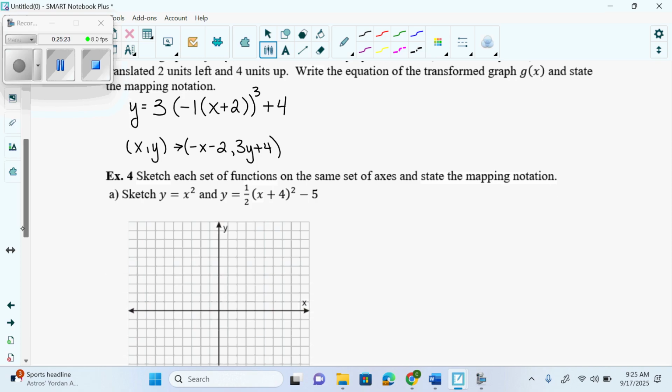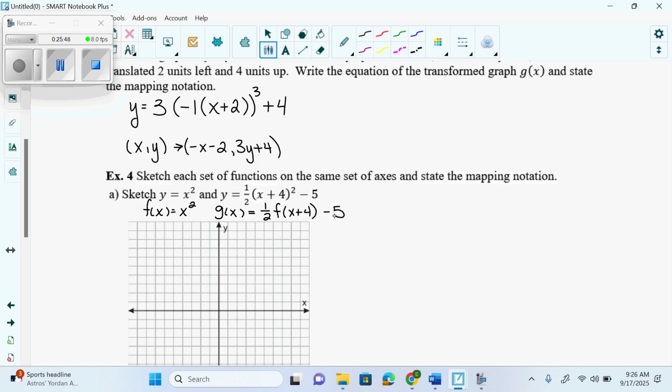Now some people might say, well, Mrs. Lepp, it's easy because I can just type that in, right? What I could do instead is say f of x equals x squared, and then g of x equals 1/2 f of (x plus 4) minus 5. Is it squared?